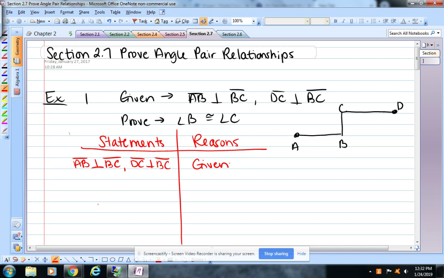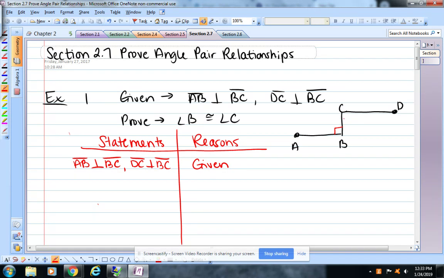All right, so I want to somehow prove that angle B and angle C are congruent. Well, by the definition of perpendicular, that's what that symbol with the upside down T means, the perpendicular symbol that we should have memorized by now. The definition of perpendicular means that the lines or segments intersect to form right angles. So if AB is perpendicular to BC, then angle B is a right angle.